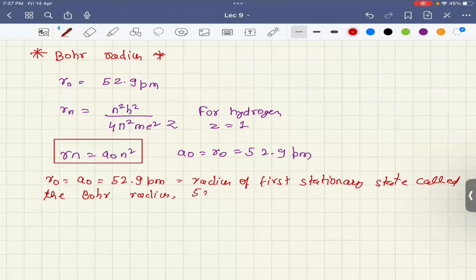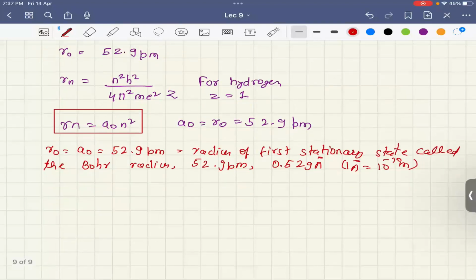Which is 52.9 picometer, and in terms of Angstrom, it corresponds to 0.529 Angstrom. Right? So Angstrom is nothing but 10 raised to power minus 10 meter.